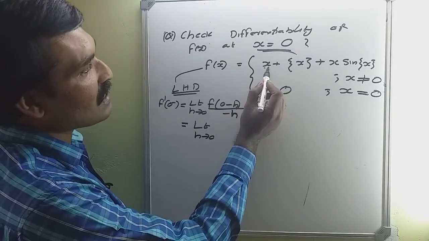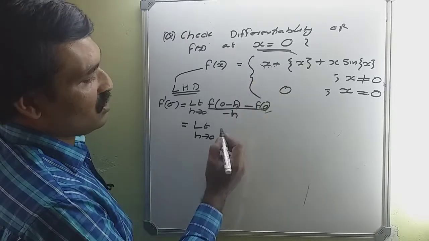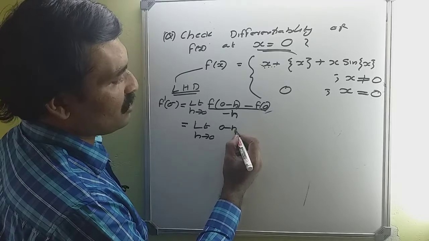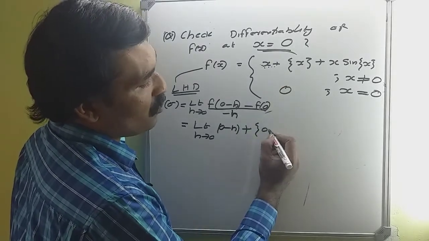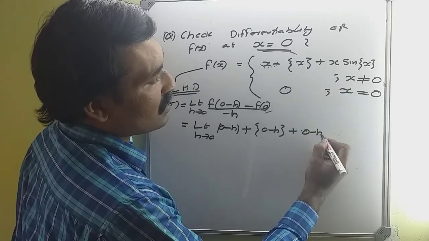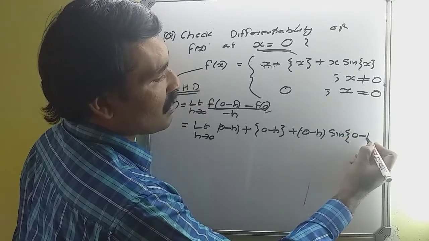Here x is replaced by 0 minus h, that is minus h, so we get 0 minus h plus fractional part of 0 minus h plus 0 minus h into sine fractional part of 0 minus h.